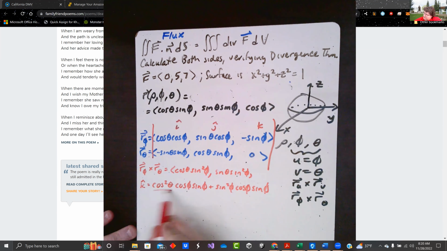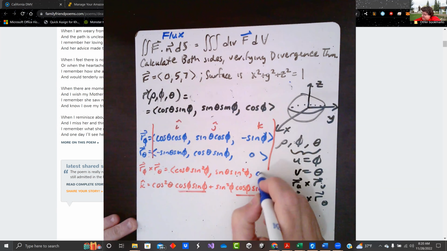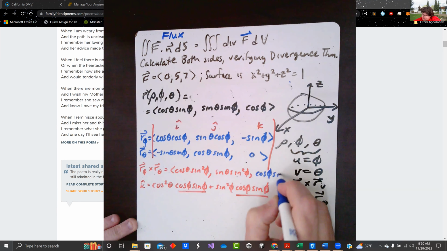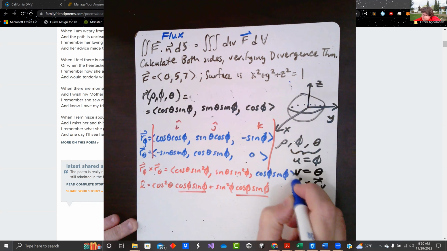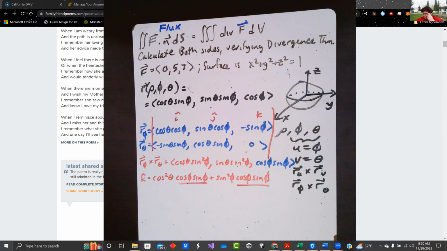And if we factor out the cosine phi, sine phi on both, we're left with cosine squared plus sine squared, which is 1. Which means the k component simplifies down to cosine phi sine phi. Pause for a second, let that sink in.